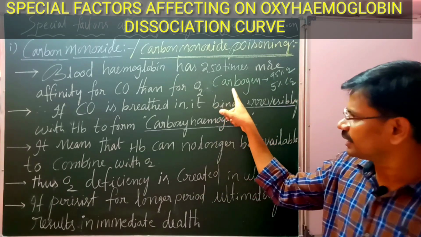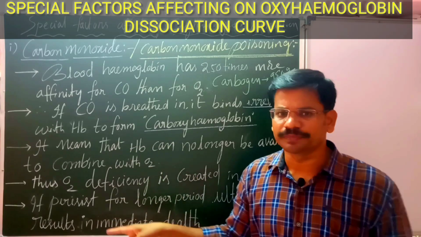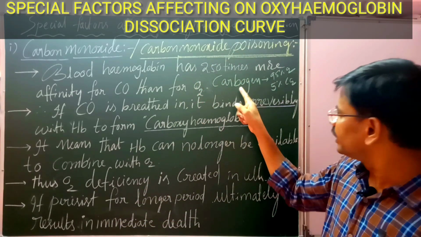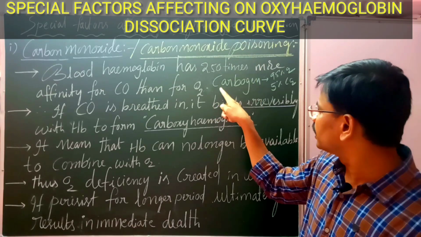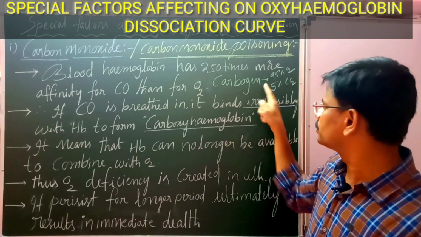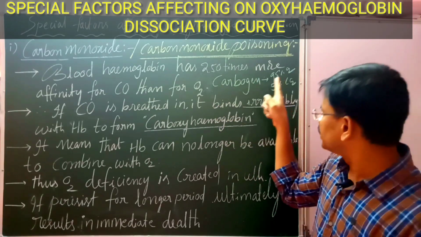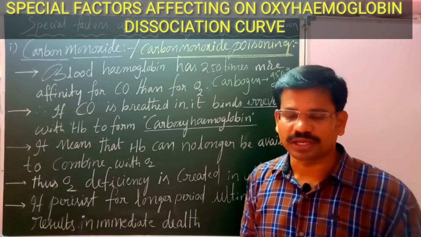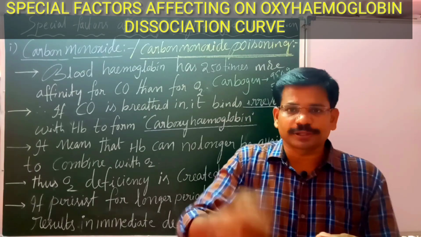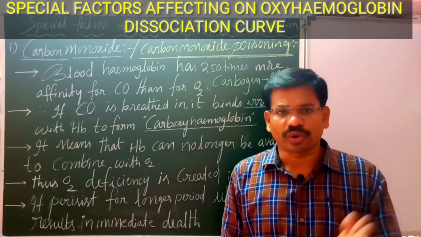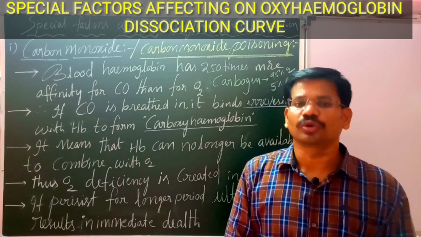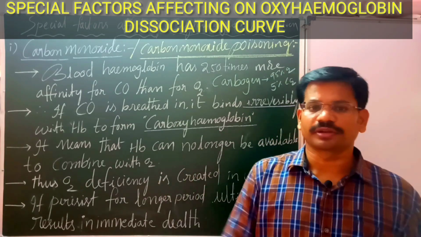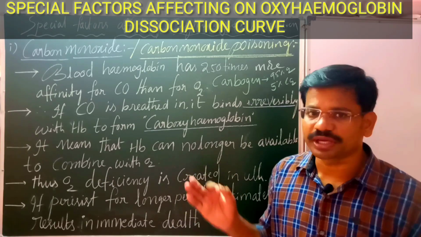If we give carbogen to the victim suffering from carbon monoxide poisoning, this carbogen, containing 95% oxygen and 5% carbon dioxide, speeds up the separation of carbon monoxide from the hemoglobin, right? By this, we can protect a patient or victim from carbon monoxide poisoning.